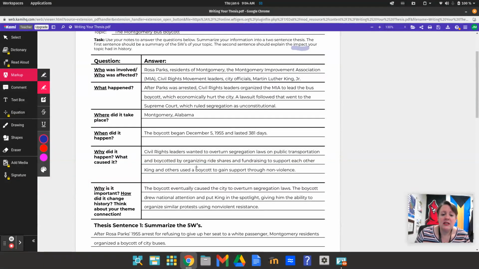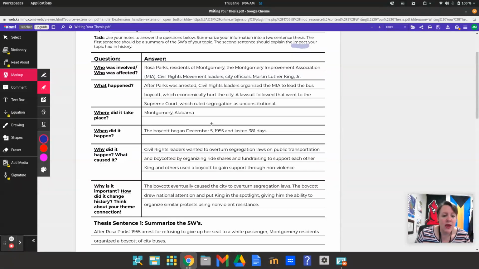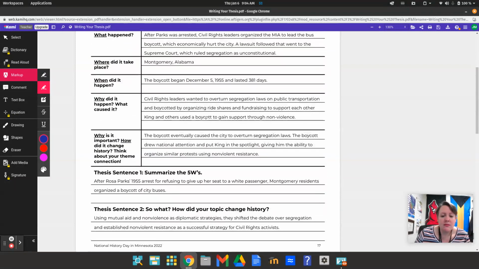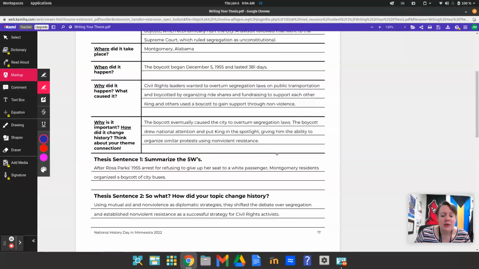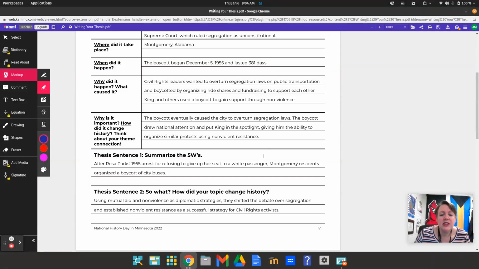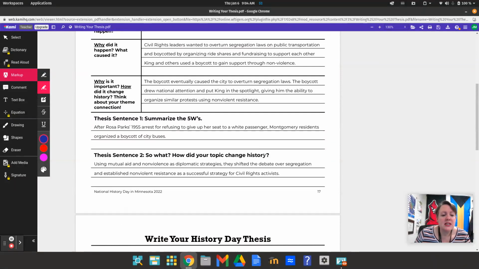Not necessarily. It just summarizes the who, what, where, when. It doesn't specifically say why, and I think they probably could have put that in there about segregation, but they didn't.